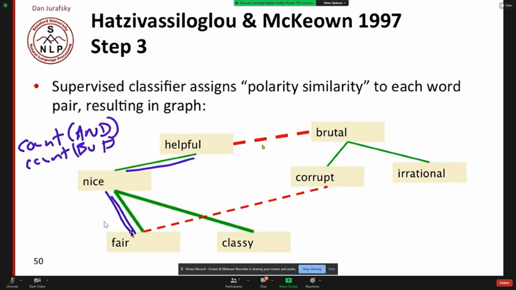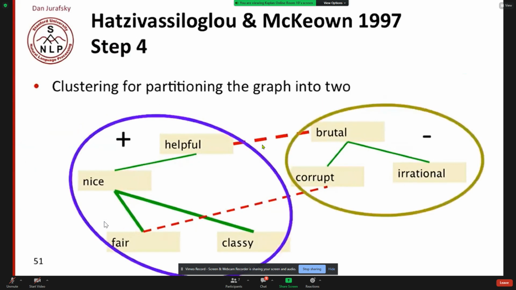And the classifier can learn that nice and helpful are somewhat similar, nice and fair are very similar, fair and corrupt are very dissimilar. I've marked them in red with a dotted line, because maybe "but" occurs much more often between these two, and "and" occurs more often between these two, and so on. So we can get between any pair of words a number that indicates its similarity.